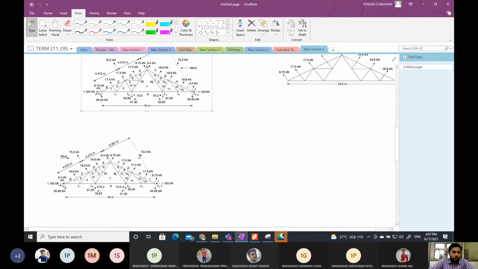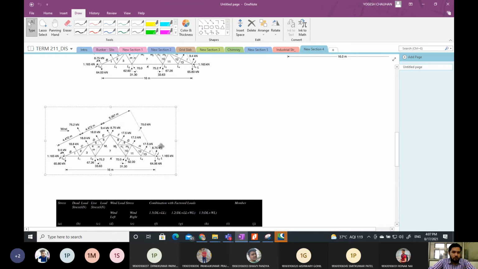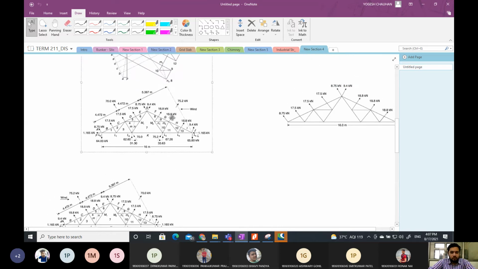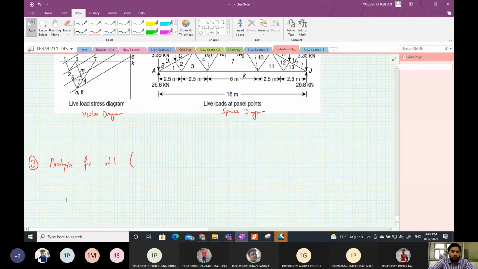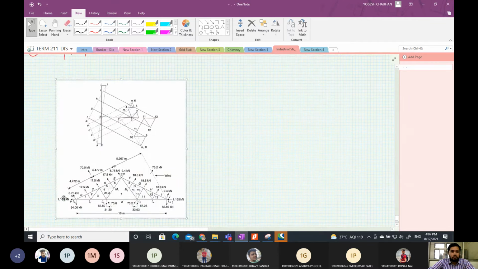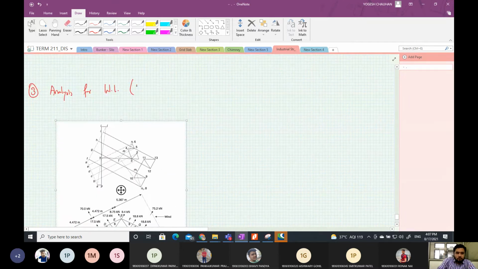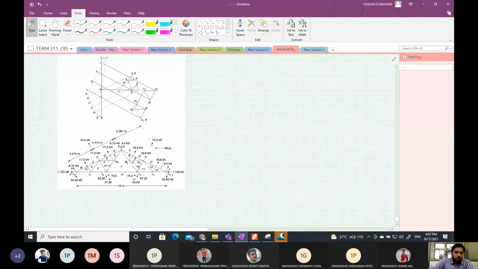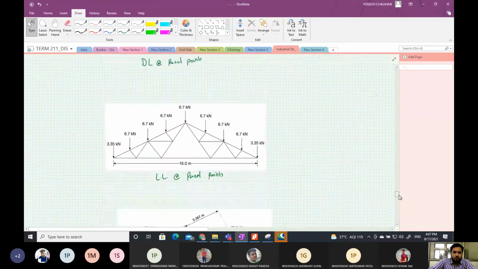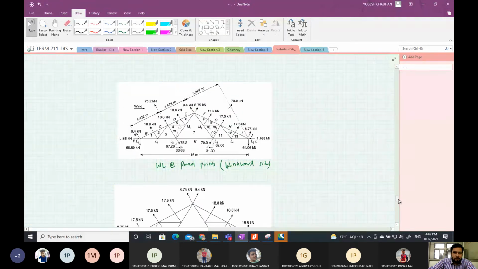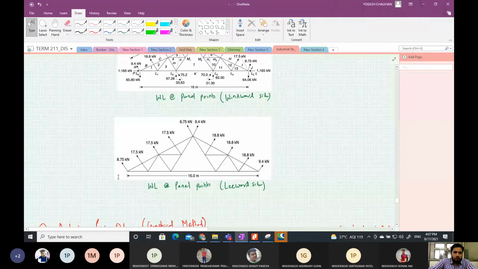This is leeward side and this is windward side. For leeward side, our load was 17.5 intermediate panel load. Just verify this. This 17.5, that is your leeward side.